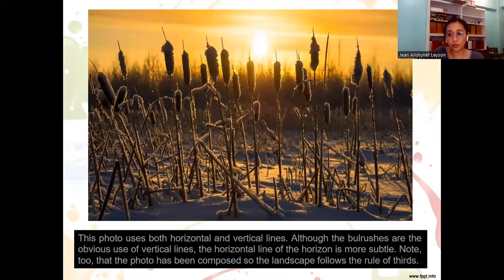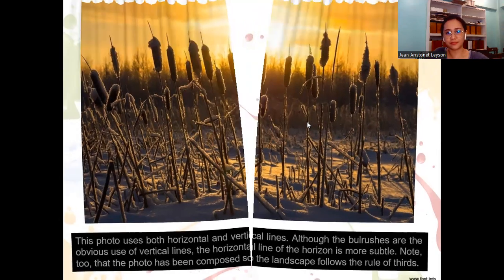This photo shows both horizontal and vertical lines because these plants right here are vertical in nature, but in the background, you can see the horizon, which is horizontal in nature. And also the sky composes 1/3 of the photo. The rest of the 2/3 is composed of the plants.